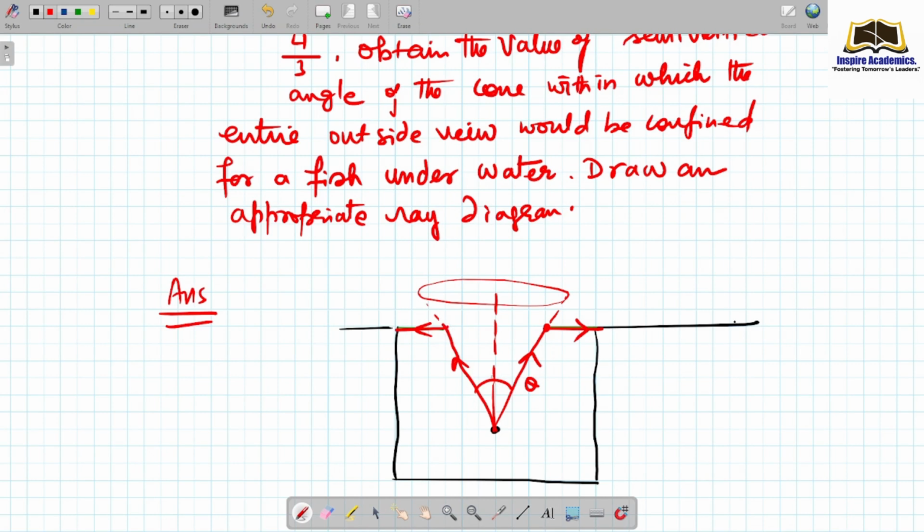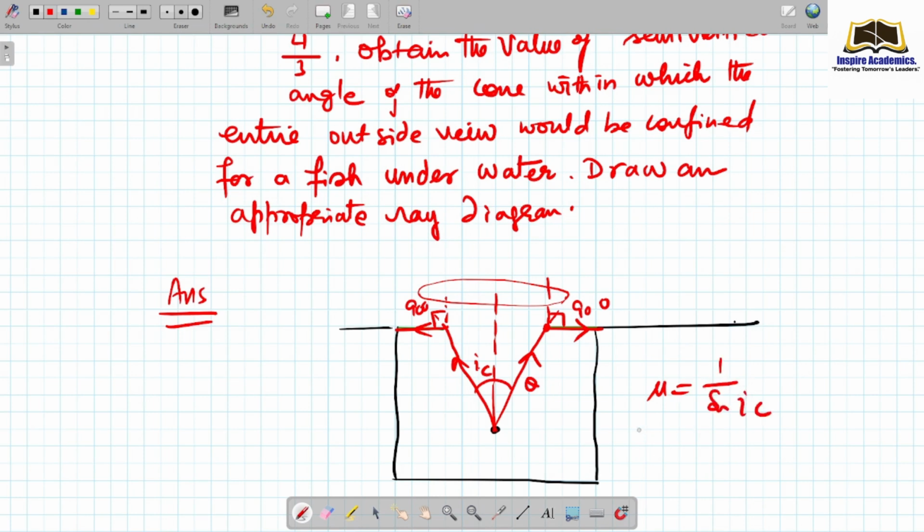For total internal reflection it should be 90 degree, right? So that means this would obviously be my IC when it is 90 degree. If you see, this is 90 degree and this also would be 90 degree. So this is your IC. So what will be mu? Mu will be 1 upon sine IC.